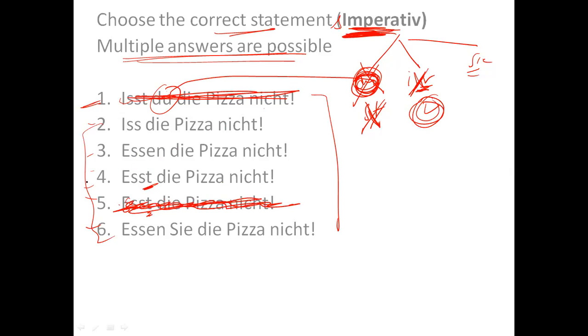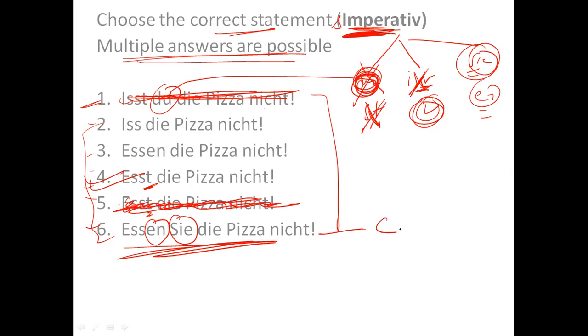So the fourth statement with t ending is correct, and with Sie, Sie will also come, en will also come, right? So Sie is there and en is also there, ending is there. So this statement is also correct.